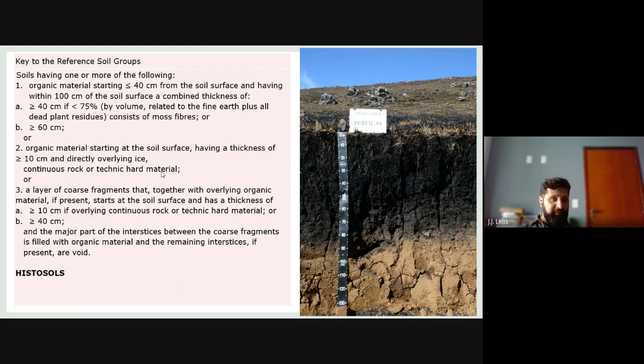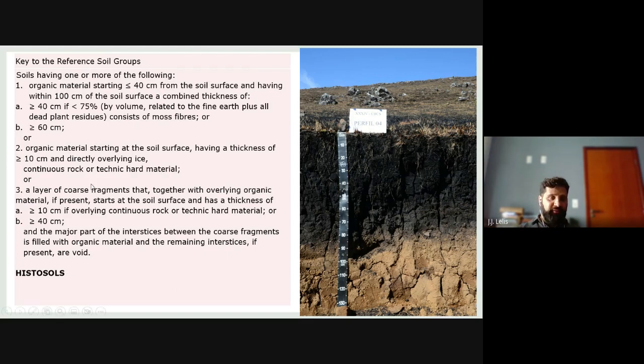So as you can see, the histosols can present very different dispositions and thicknesses of this organic material. But I should know that to identify a histosol, I really have to identify organic layers, organic materials, and these materials should possess a high thickness.